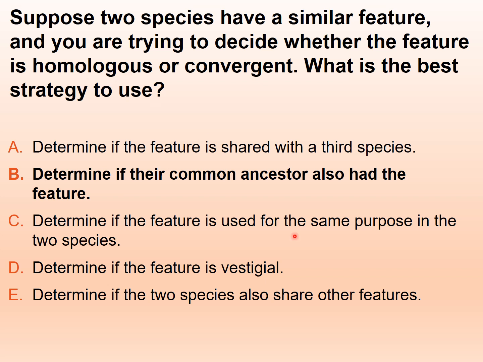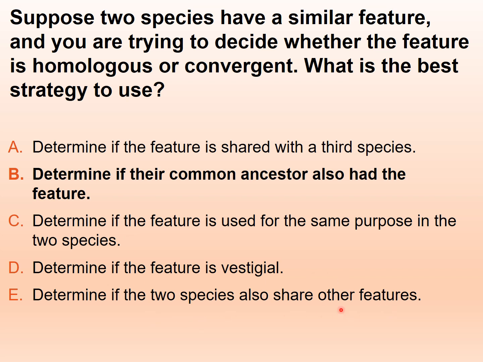Let's look at the rest of these. Determine if the feature is vestigial. That really has nothing to do with determining whether a structure is homologous or analogous. Determine if the feature is used for the same purpose, so the purpose doesn't matter, right? And also determine if the two species share other features.